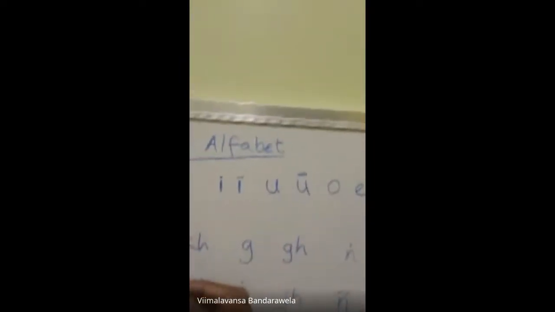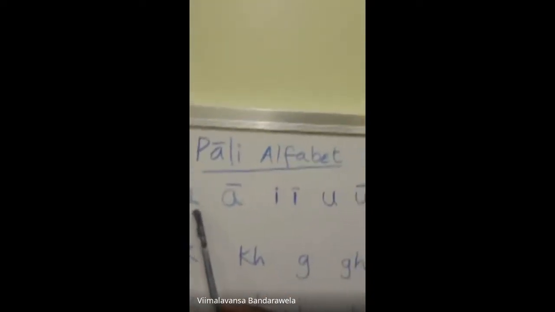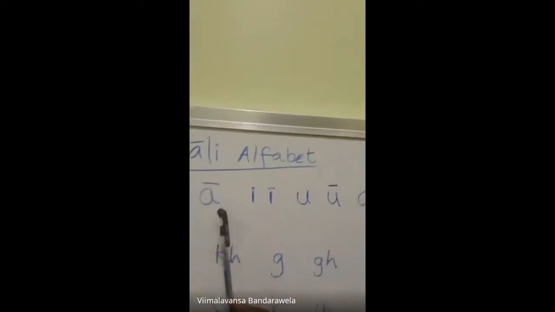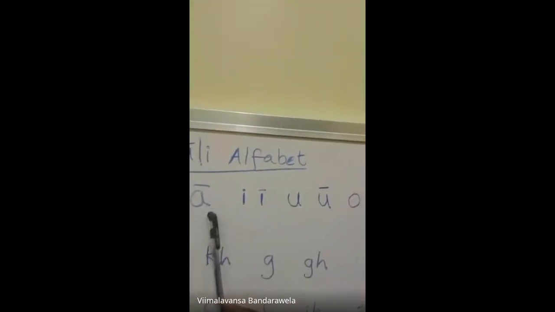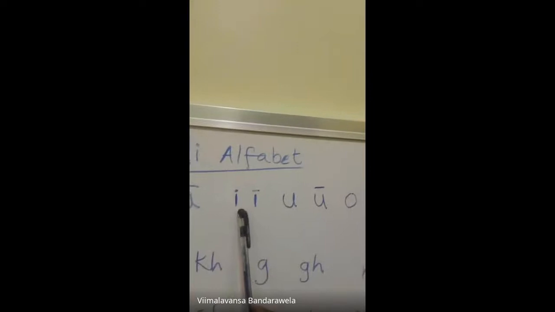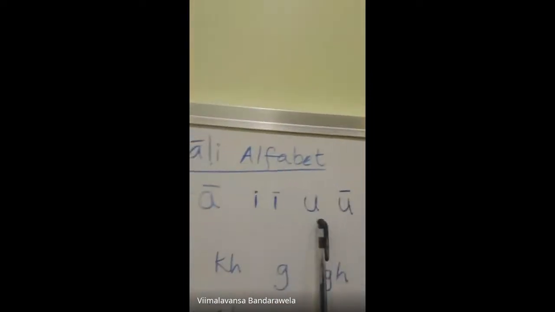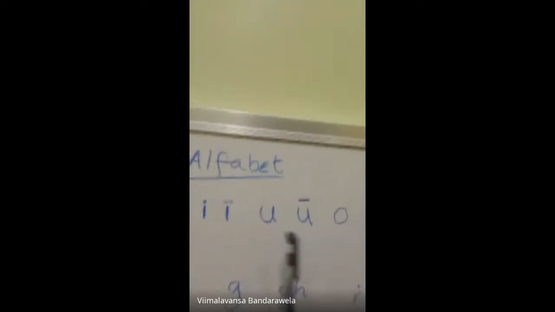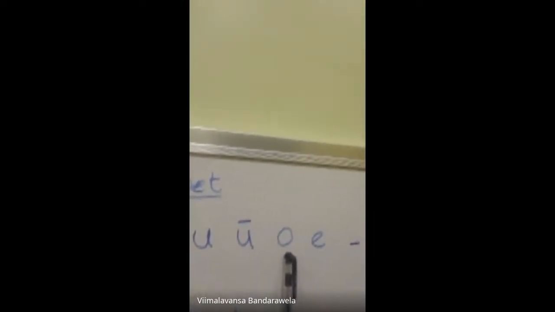So there are 8 vowels. You see this a, right? This long a, right? Then i, this is long i. This is u, this is long u, and then this is long o, no short o in Pali, right?